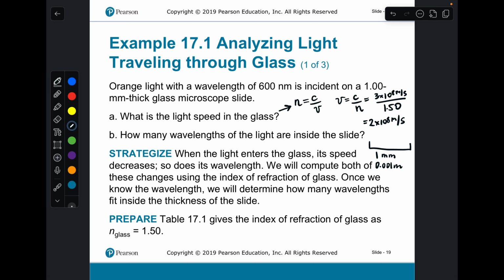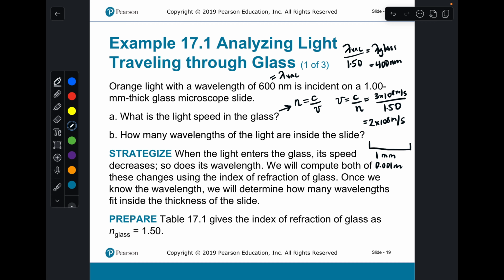We know it's not going to be equal to the wavelength in vacuum. This is the vacuum wavelength. So we need to find the wavelength in the glass, and that's going to be the vacuum wavelength divided by the index of refraction: 600 nanometers divided by 1.5. The new wavelength is 400 nanometers.